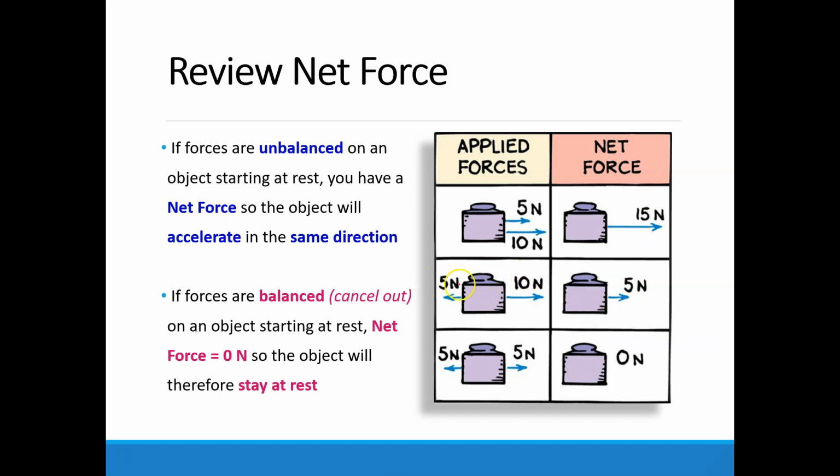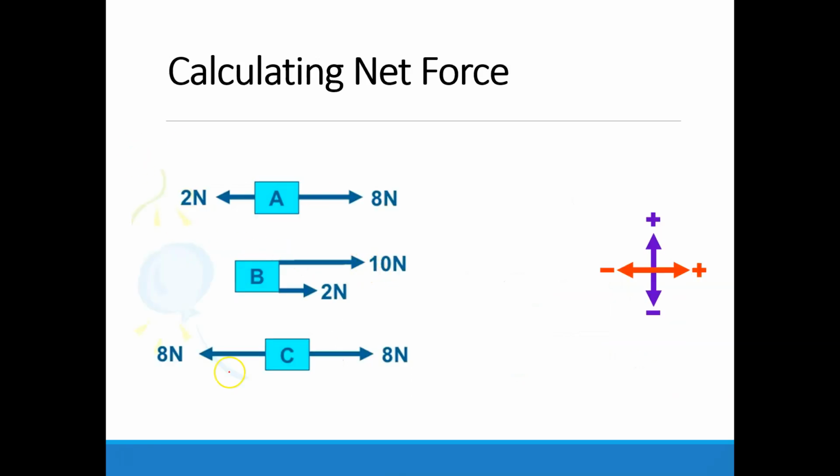Here you can see that we have forces moving against each other, and so we end up with an overall smaller net force, but it's still going to the right in this case, and so the object still accelerates to the right. If forces balance or cancel out, if there's the same amount on the left and the right, then there would be 0 newtons and the object would just stay at rest because there is no net force and therefore no acceleration.